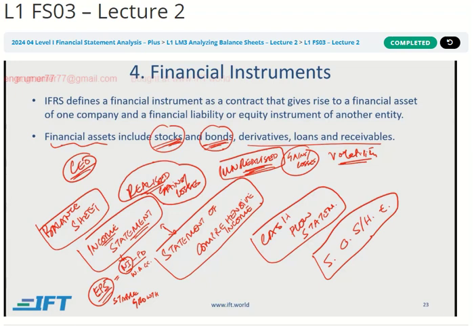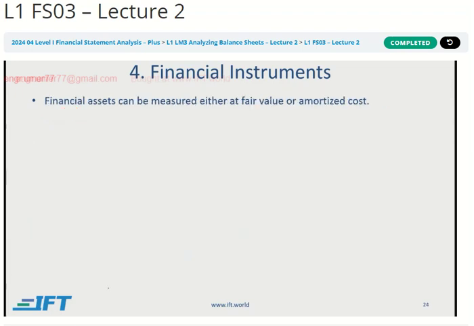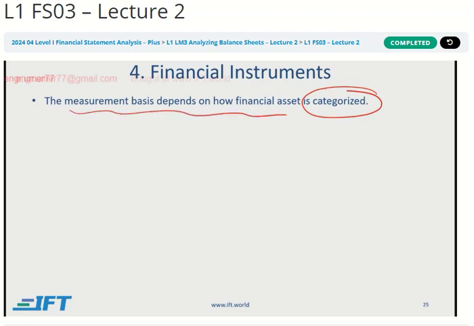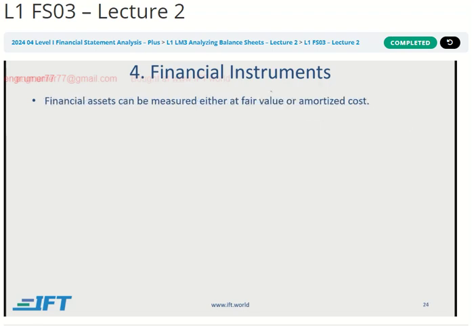Now, how do we go about doing this? It all depends on what you say when you're buying that asset, right? So it has to be categorized. The measurement basis depends on how the financial assets are categorized upon acquisition. When you acquire those assets, what do you say is the reason for acquiring them? That will depend on whether you measure them at fair value or amortized cost.